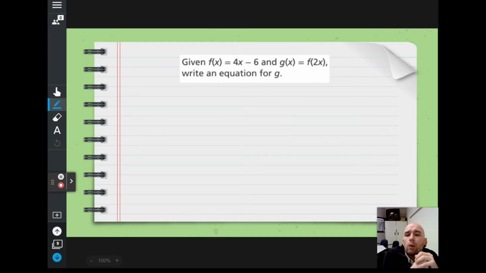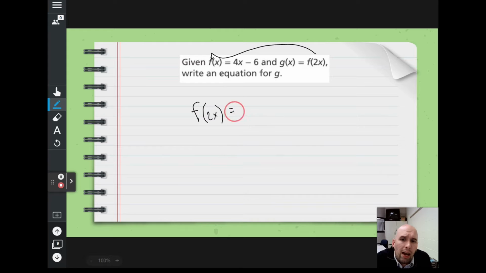Given f of x equals 4x minus 6 and g of x equals f of 2x, write an equation for g. So g of x has me taking f of x and plugging in 2x for every x. So instead of 4 times x, I'm going to write out 4 times 2x minus 6.